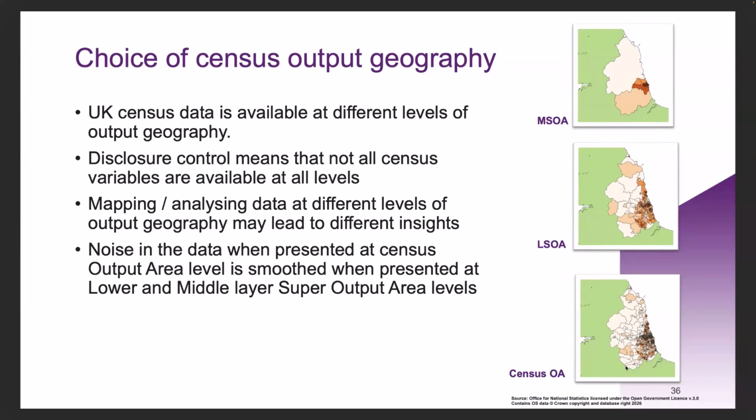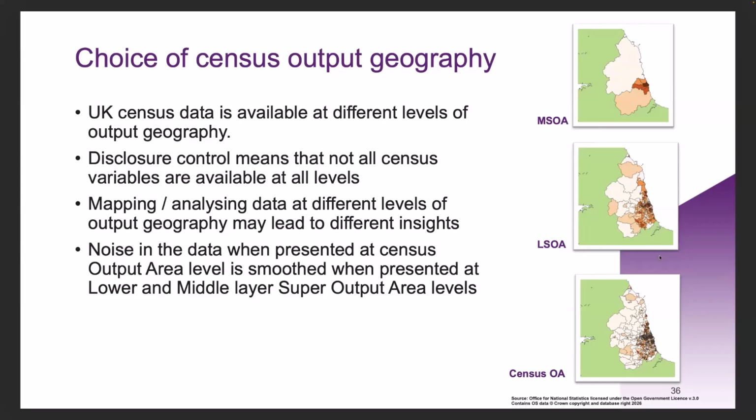At the output area level, it might be quite noisy, whereas as you zoom out the data tends to get smoothed, and you will see more regional patterns, and so you will produce different types of choropleth map at the different levels of geography. And that's just a case of finding the level of mapping that's most suitable for you.